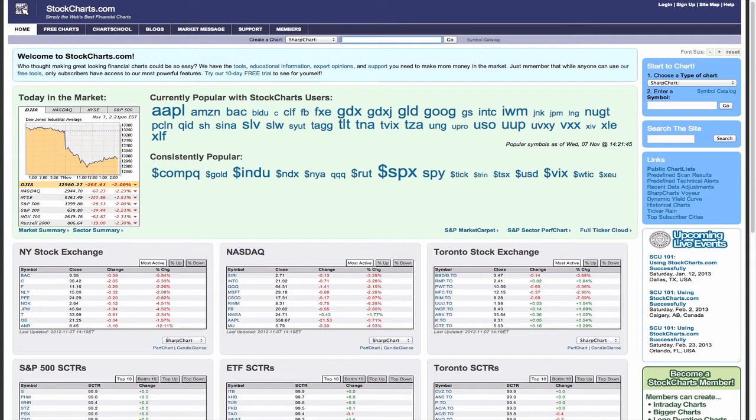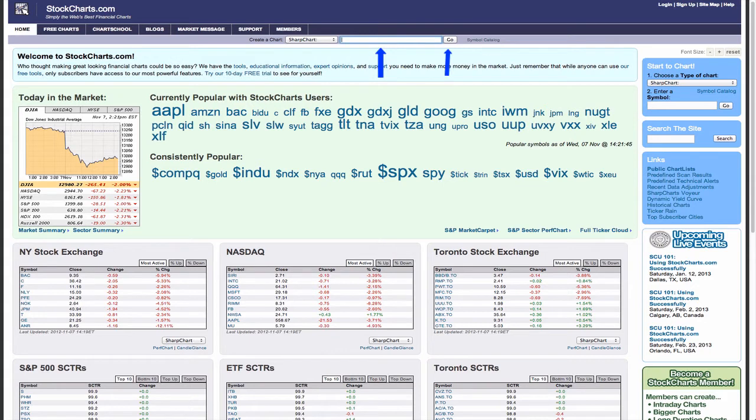Once you're on the landing page, you'll see a baby blue box titled Welcome to StockCharts.com. Just above that, you'll see a blue-gray banner on the cover that covers the width of the page. Inside that banner, you'll see the text Create a Chart and a drop-down menu with the default setting at Sharp Chart and a box which says Enter Company Name or Symbol and a button that says Go.